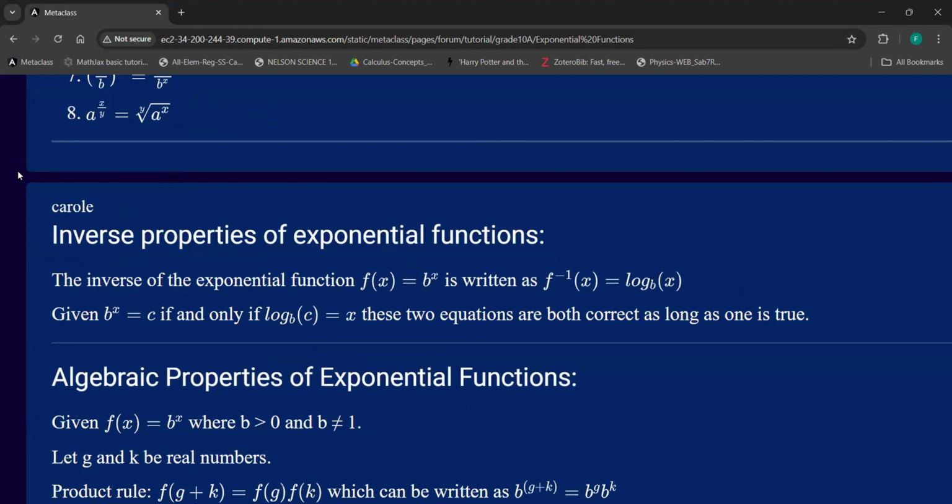So remember that b is the base of the exponent, x is the exponent, and then c is the product. And the way you convert this into logarithmic form is you take b, which is the base of the exponent, and you place it as the base of the logarithmic.